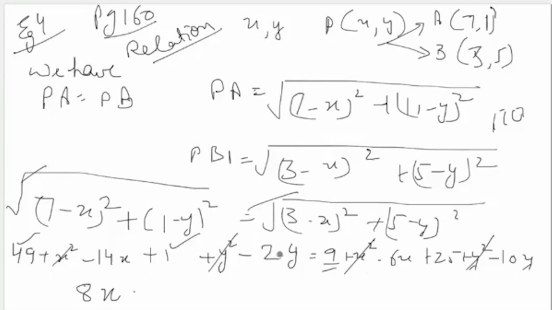And what about the y's? 2y and 10y. When it goes there, we will get minus 8y. And when it goes there, 25 becomes 50, minus 50 minus 59.